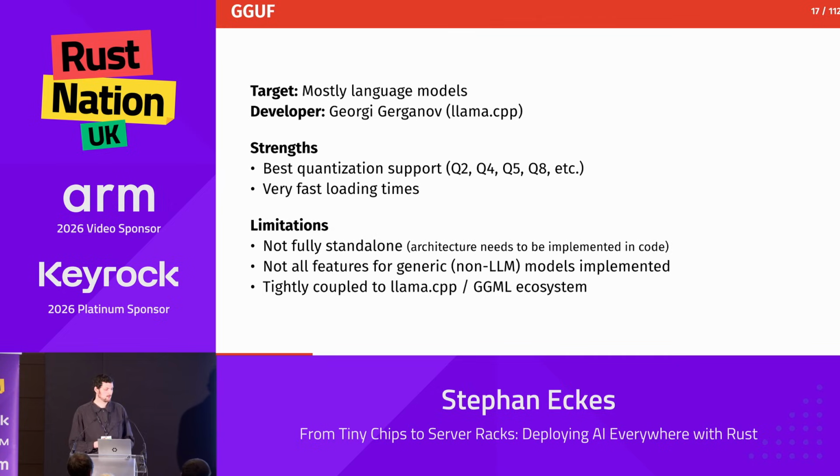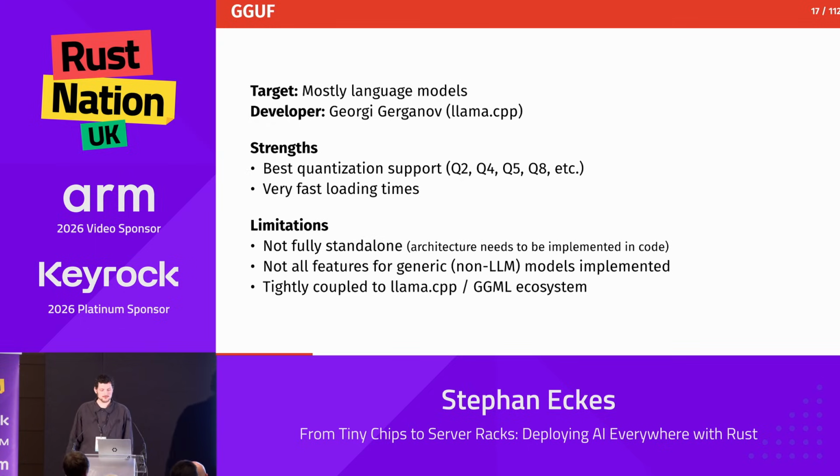GGUF is one of the most common ones for large language models. So if you search for something like the Gemma 3 open weights, we often find GGUF models, because GGUF has one of the best quantization support. They even support Q2 quantization. That means you have every weight quantized down to 2 bits, which is super small.